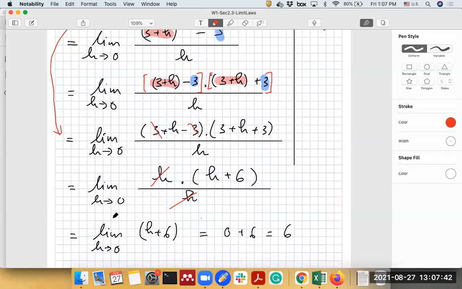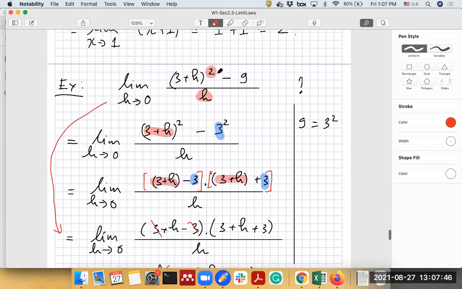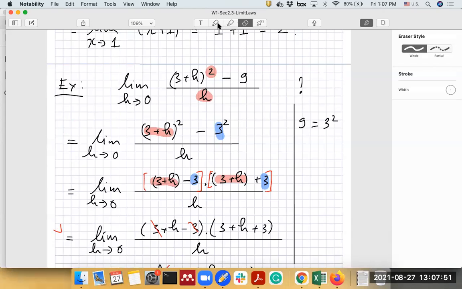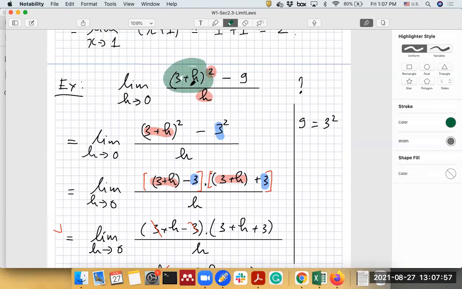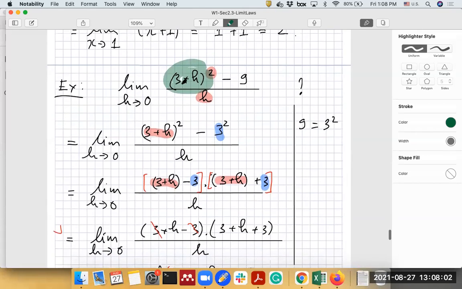It works. So another way, very good question. You can do another way. You don't have to use this formula to factor it this way. But one way you can do is to expand this first, right? And then you can do differently. You expand it. What do you get here?